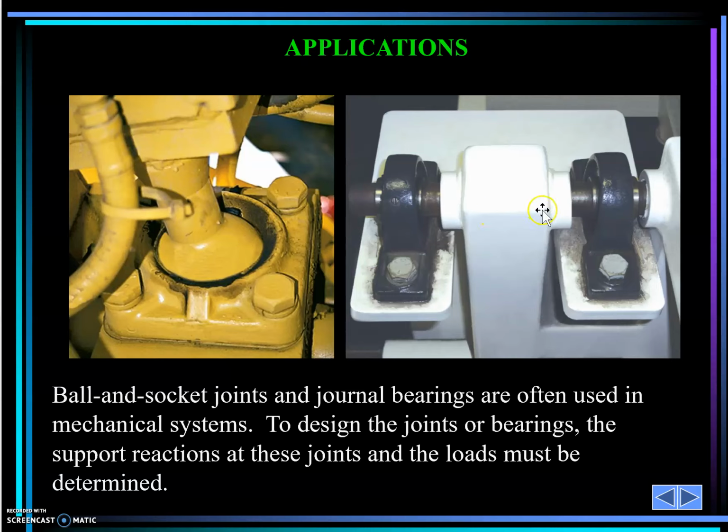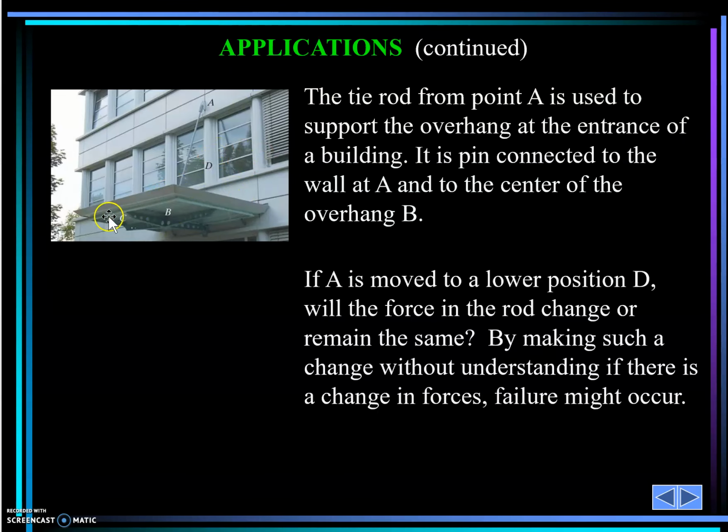And this kind of support is preventing movement in this direction and vertical, but it's allowing movement in that axis right there. If you have a structure supported by a cable, for instance, with a certain weight, you are able to identify what reactions you have.